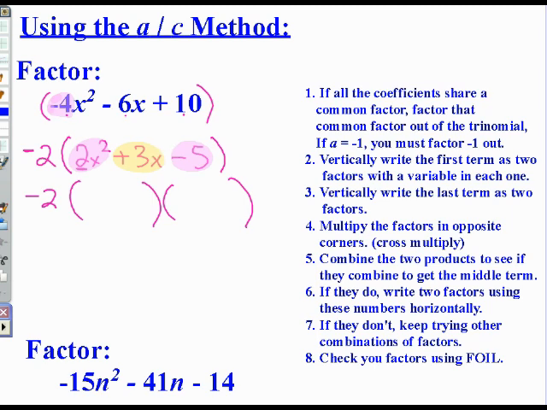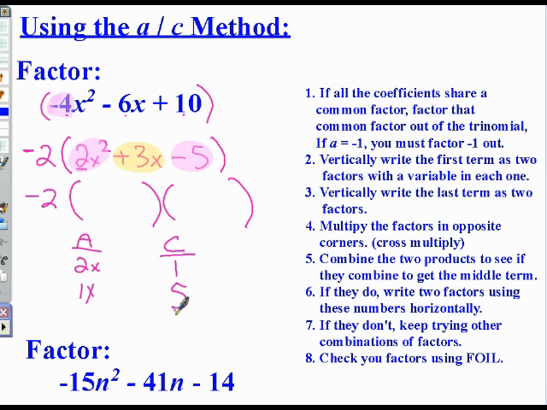So you want to look at the a term, which is 2x squared, and vertically write one of the combinations you could use to get 2x squared. We could go 2 times x times 1 times x. That's 2x squared. Now we want to look at our c term. Our c term is negative 5. 1 times 5 is 5.